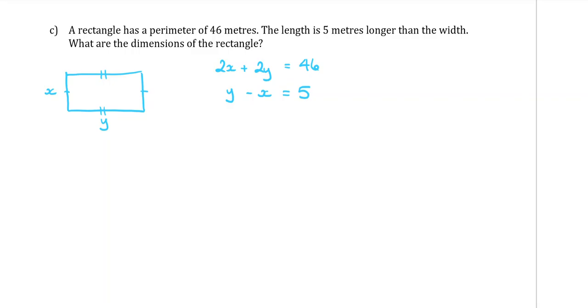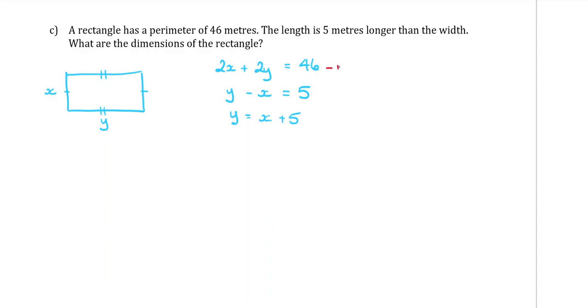Okay, now that is not in the right order for it to be an elimination question. I could fix it if I wanted to, but let's do this one as a substitution method. I'm going to take that second equation there, and I'm going to leave the y where it is and move the x across the other side. So we'll go y equals x plus 5.